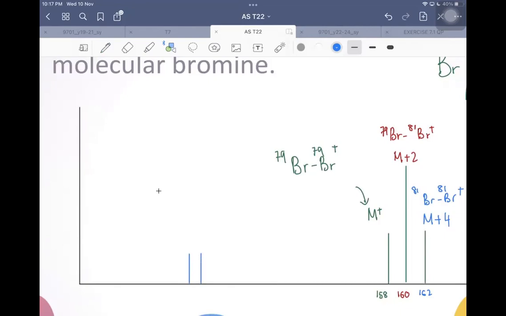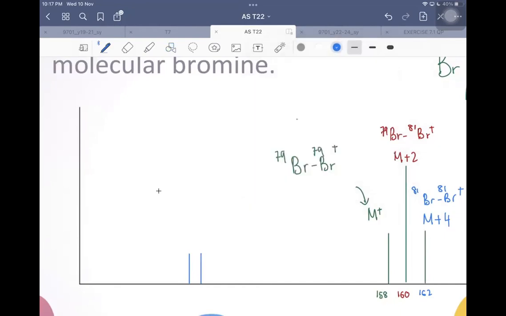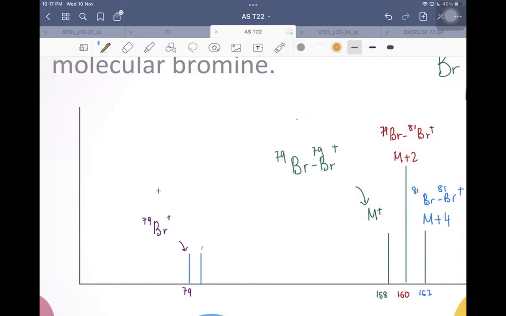Okay, so I'm just going to make up the numbers here. So I've got a peak that is caused by bromine 79. So obviously it would produce a signal at 79. And I've got another signal for bromine 81, which would have produced a signal at 81. And the ratio is 1 to 1.